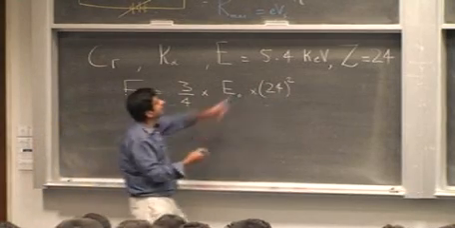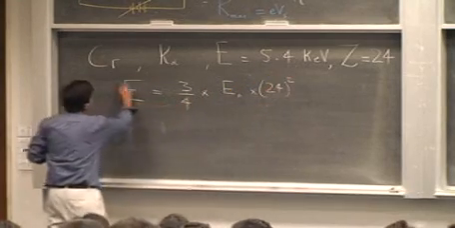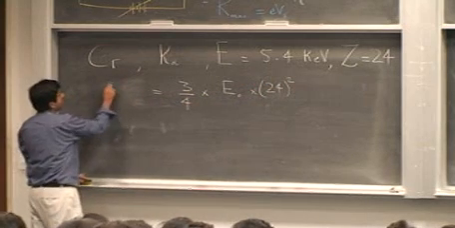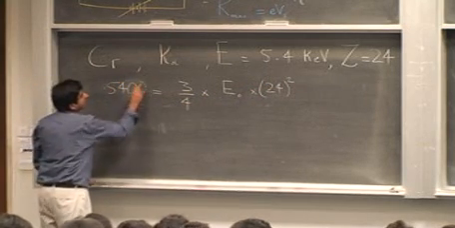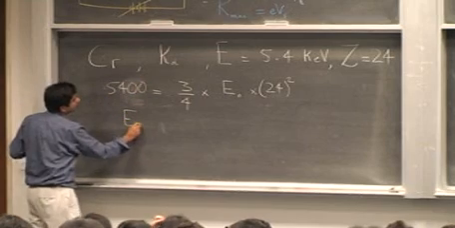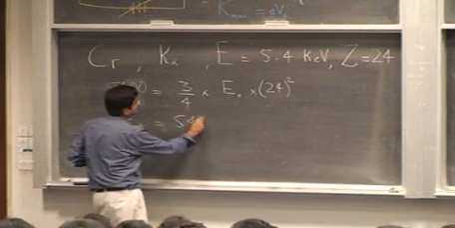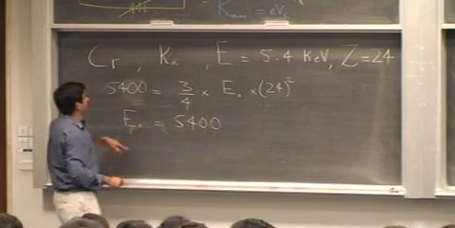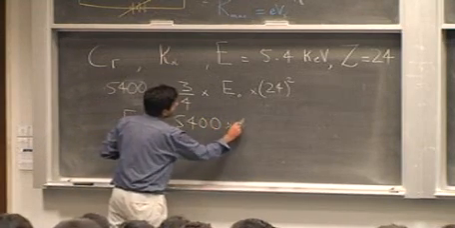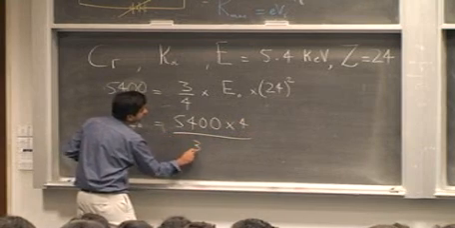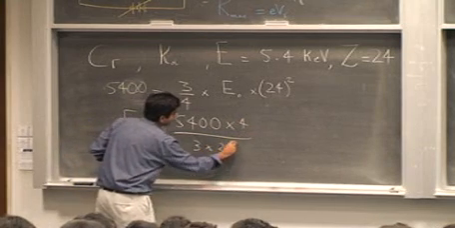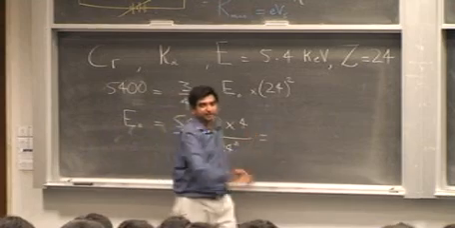So I write 5.4 into 1000, which is 5400. So my E naught is 5400 from the experiment, into 4 divided by 3 into 24 squared. Can you tell me what the result of this calculation is, please?